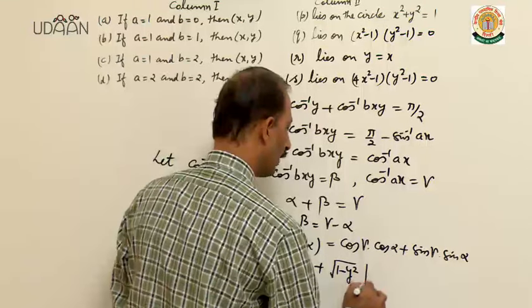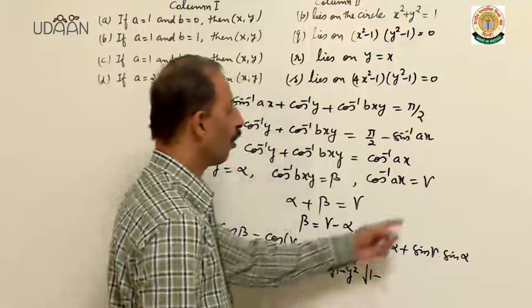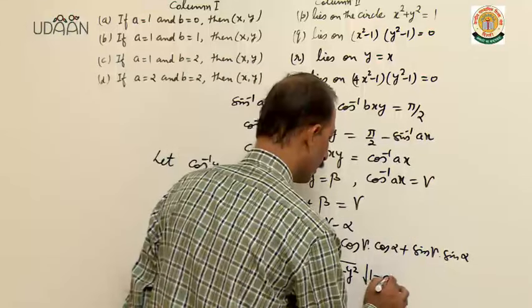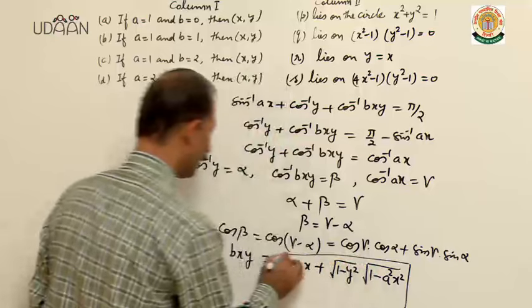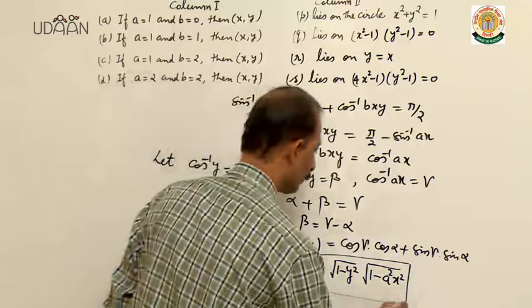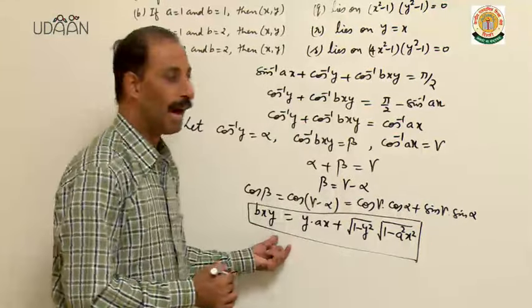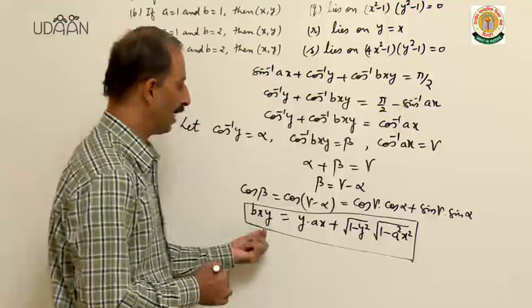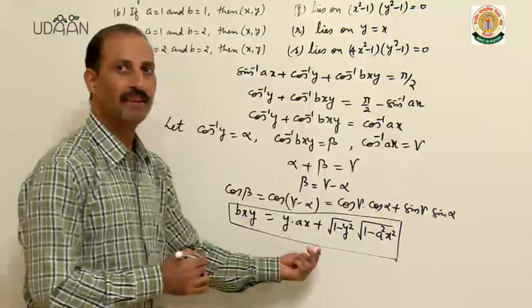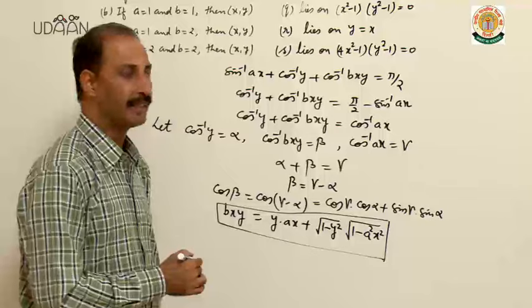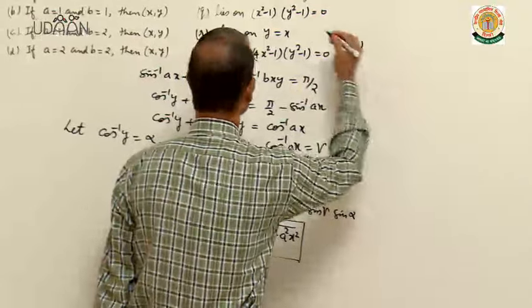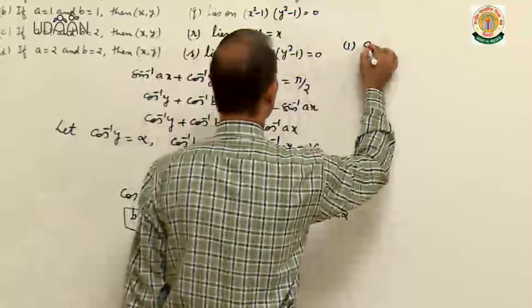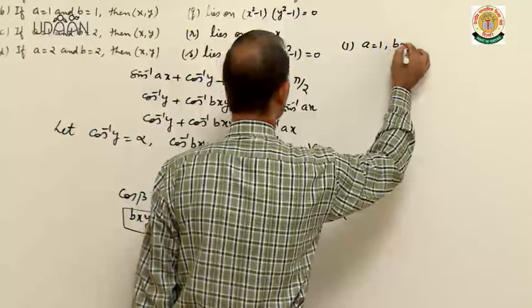And sin gamma we can write as root of 1 minus cos square gamma, that is root 1 minus a square x square. That is the relationship I am getting. Now I am putting the values of a and b one by one, and then I will get the relationship between x and y.